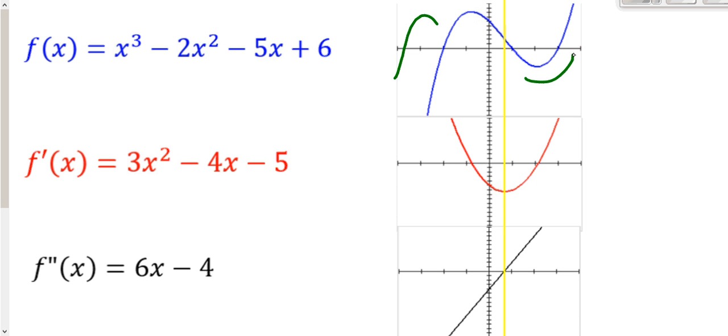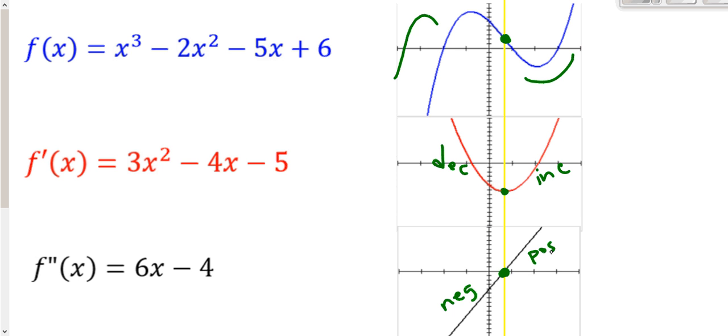At that point where the concavity changes, the first derivative has a minimum. And the first derivative is changing from being decreasing to being increasing. And what's happening with the second derivative? At that point where the concavity changed on the original function, the second derivative has a 0. And the second derivative changed from being negative to being positive.